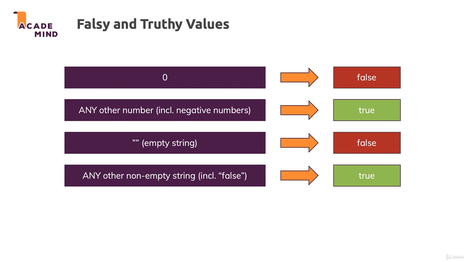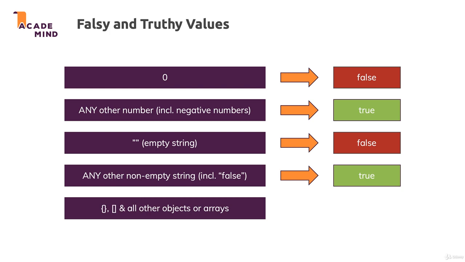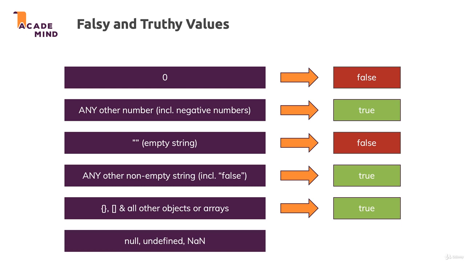And for objects and arrays, it's important to understand that all objects and arrays, even empty ones, are always treated as true. So an empty object is not treated as false, it's always treated as true, no matter if there's data in it or not. Null, undefined, and not a number, by the way, are always treated as false. So these are the truthy and falsy values you can keep in mind.